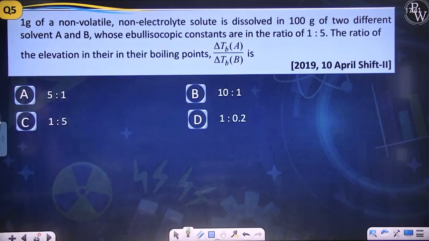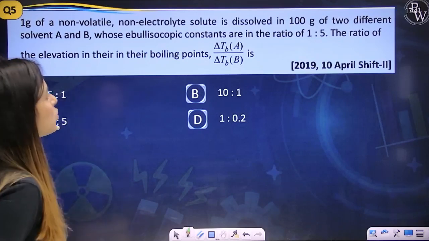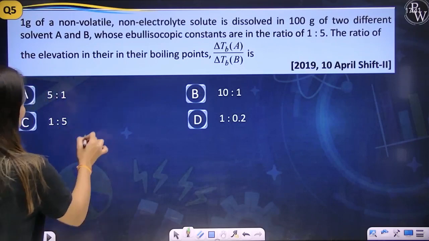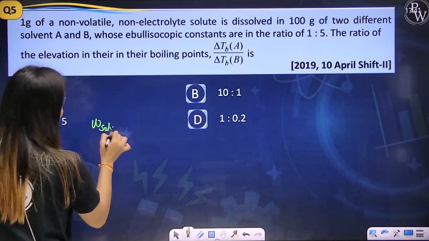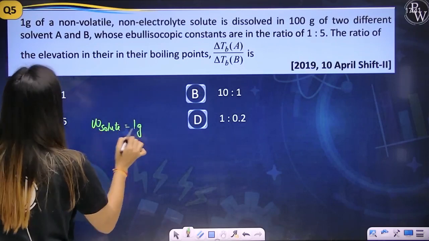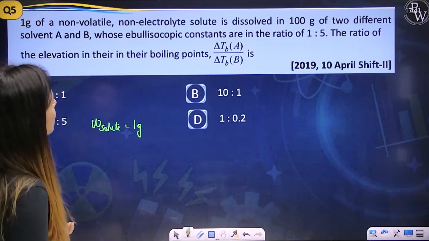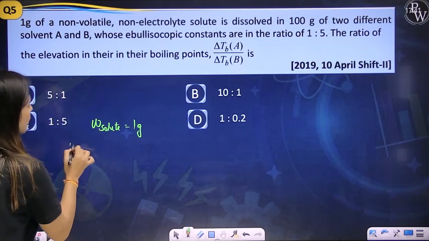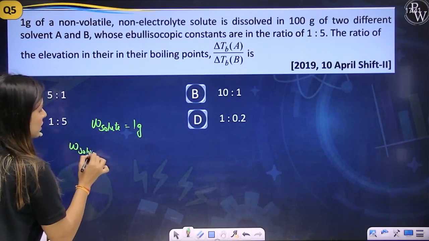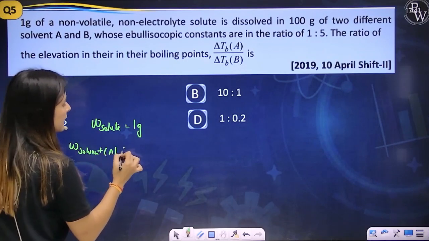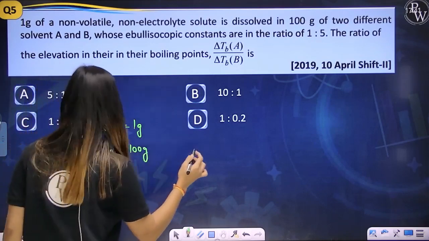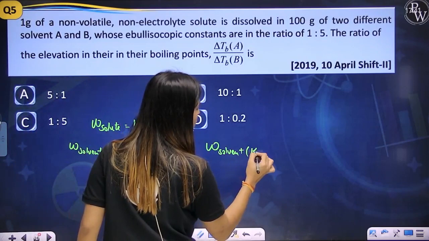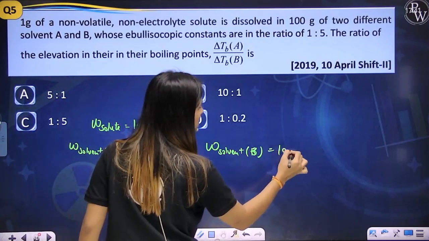If 1 gram of a non-volatile non-electrolyte solute is dissolved in 100 grams of 2 different solvents. So you have a solute whose mass is 1 gram, and you are given the mass of solvent A and B. You have 2 solvents, solvent A 100 grams and solvent B, whose mass is also 100 grams.